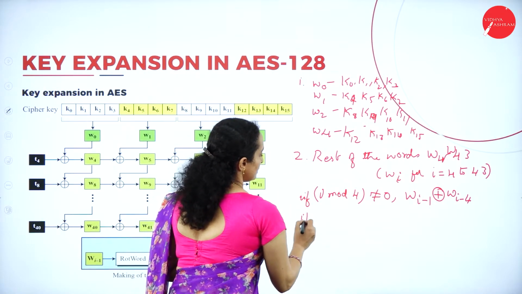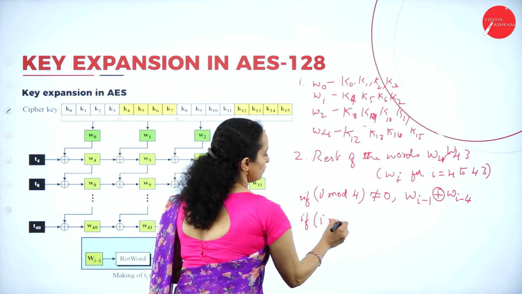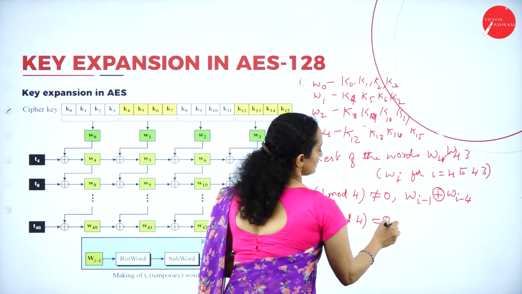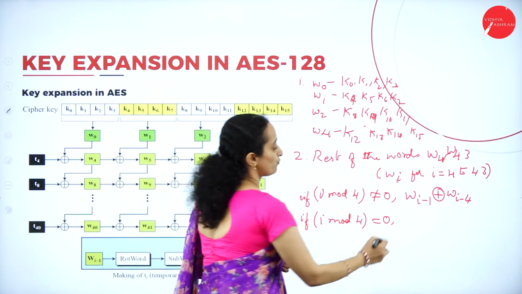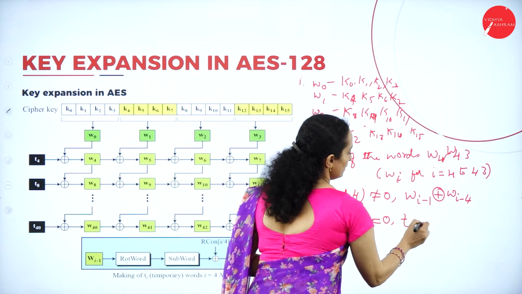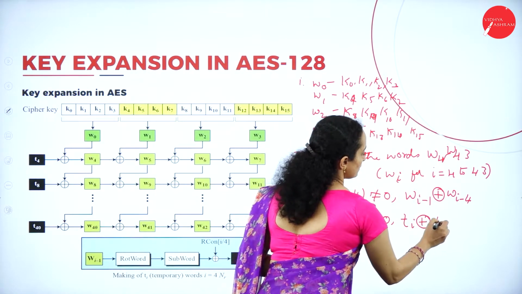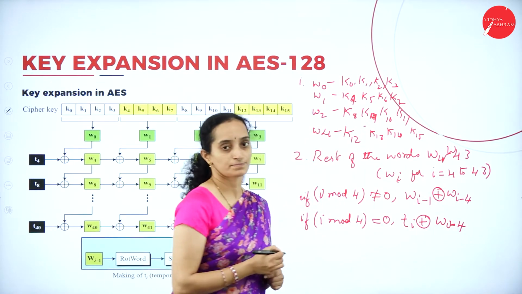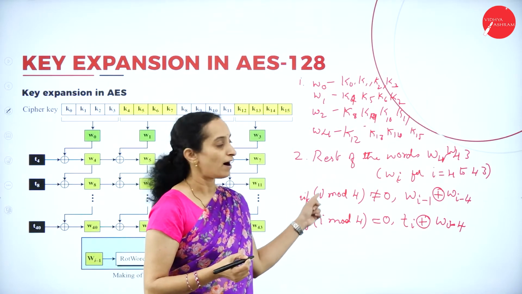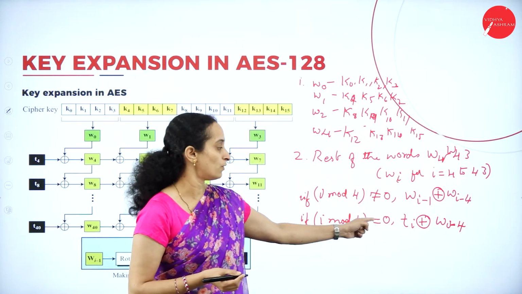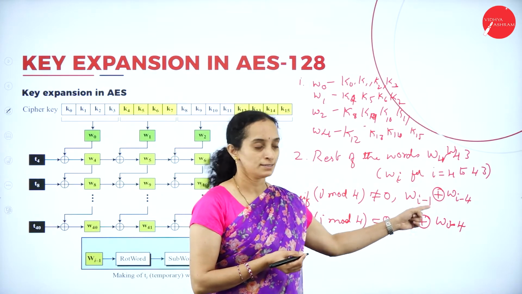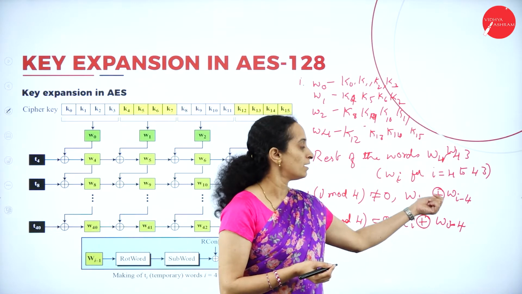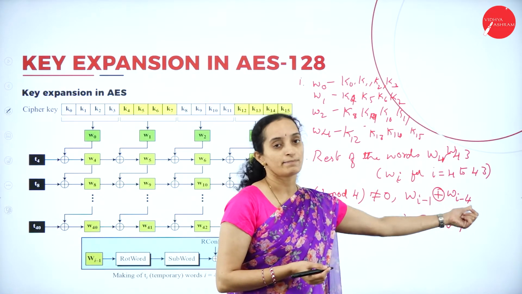The other condition is, if i mod 4 becomes equal to 0, then we follow T[i] XORed with W[i minus 4]. If i mod 4 is not equal to 0, we calculate the next word as W[i] equals W[i minus 1] XOR W[i minus 4].